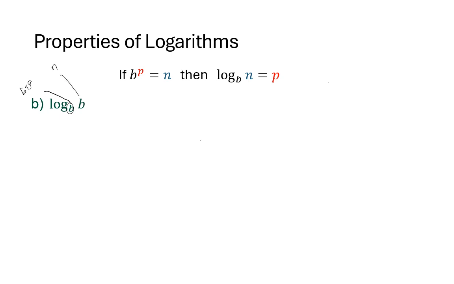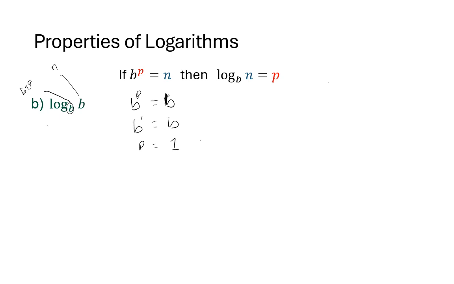So what we want is to find the power. We have the base b raised to some power p is equal to our n, which is b. And this implies that if you have b power something is equal to b, then definitely this p is 1, because b power 1 is what will give you b. So this implies p equal to 1.